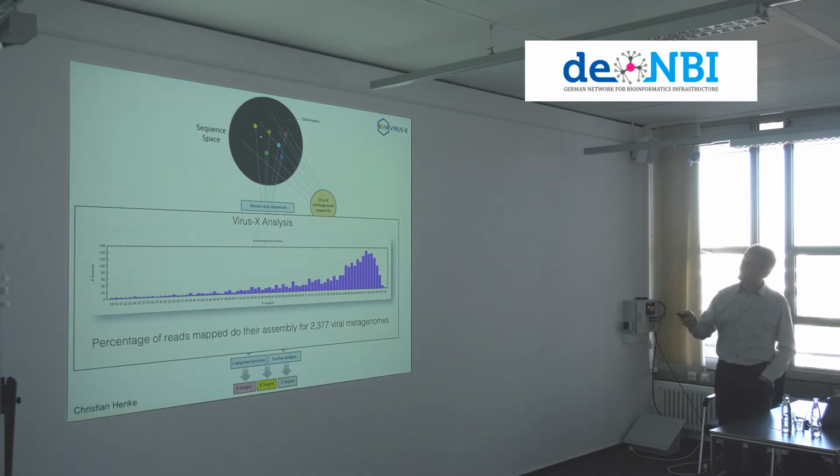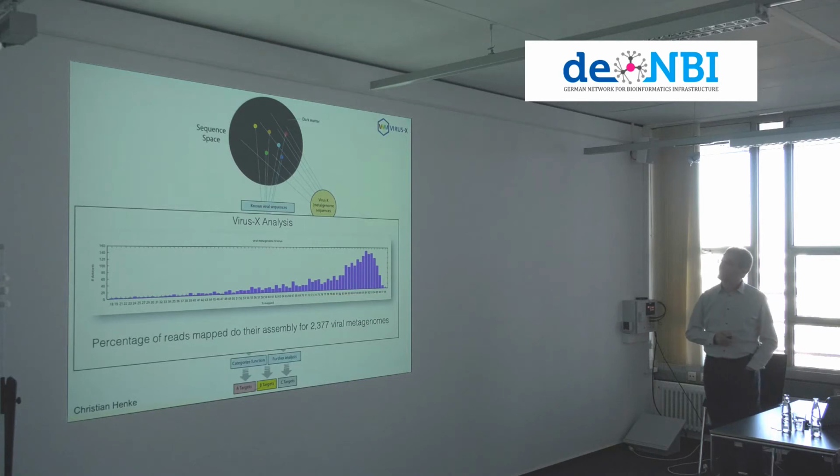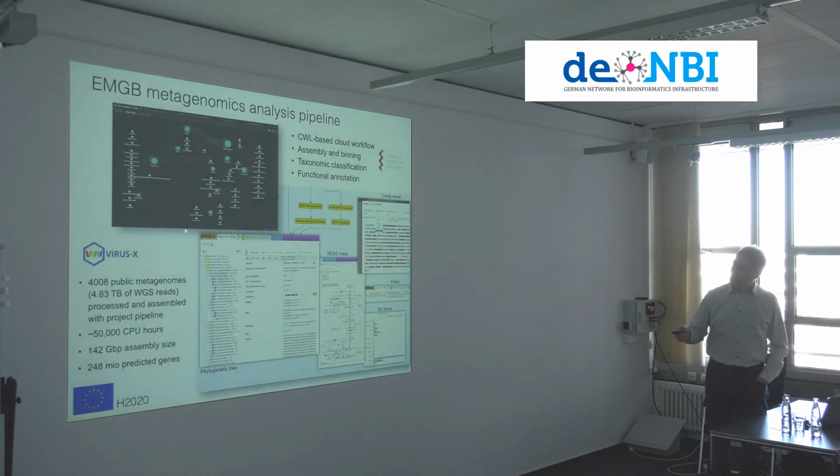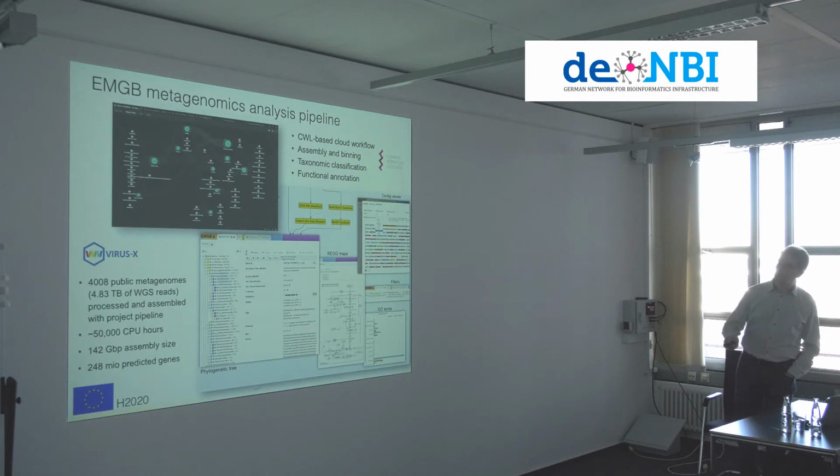So Christian ran the analysis on, in this example, 2,300 publicly available metagenomes. I think now we are up to 4,000 public metagenomes. That again took about 40,000 CPU hours in the cloud.